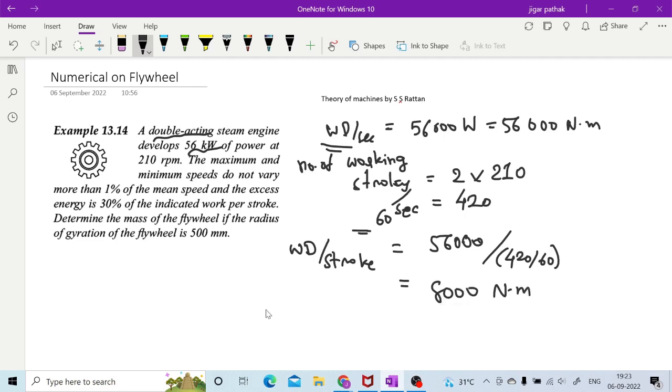So this is the work done per stroke. Now the excess energy, here it is mentioned that excess energy is 30% of the indicated work per stroke. So it means your E, the maximum fluctuation, is 30% of this work done per stroke. So it means it is 8000.